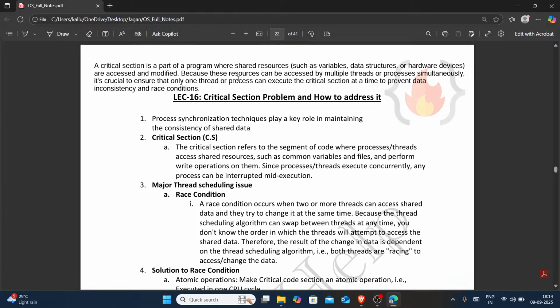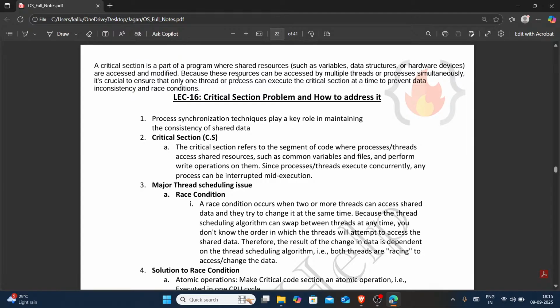Since these resources can be accessed by multiple threads or processes simultaneously, it's crucial to ensure that only one thread or process can execute the critical section at a time to prevent data inconsistency and race conditions.